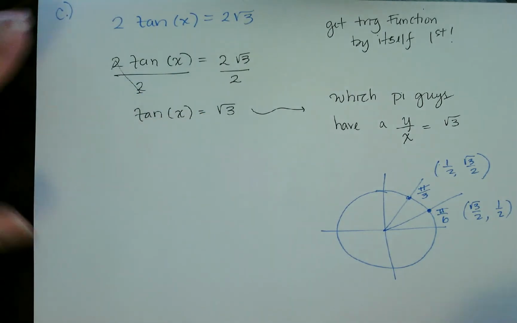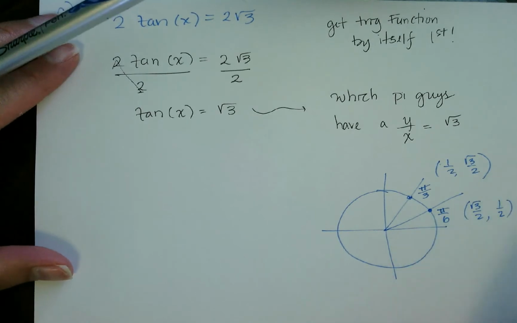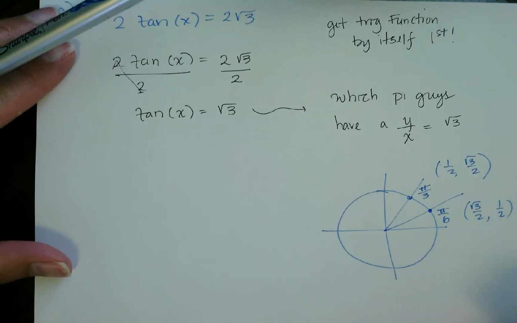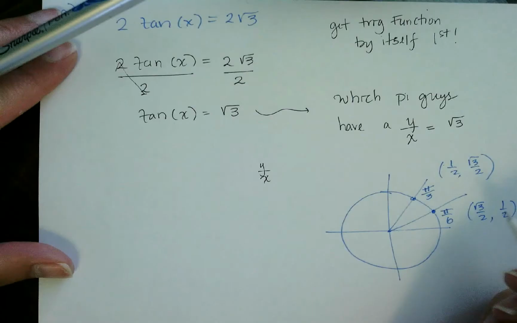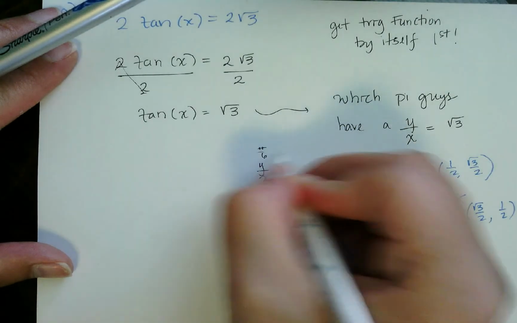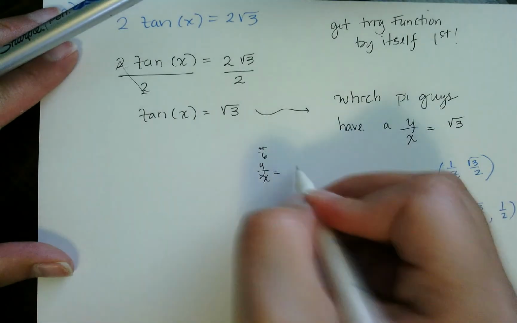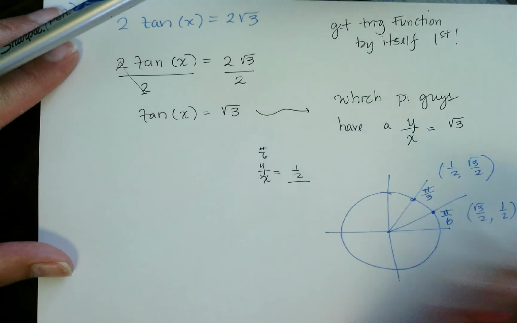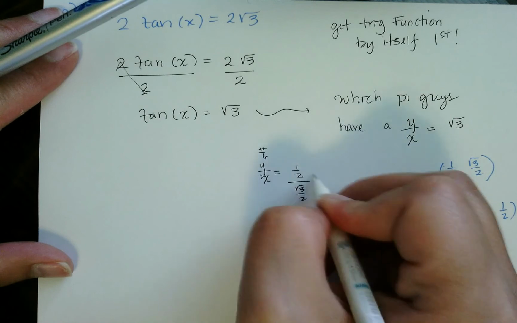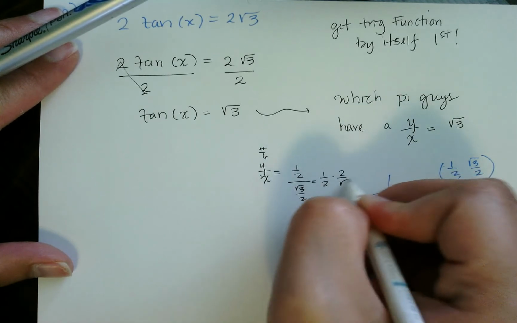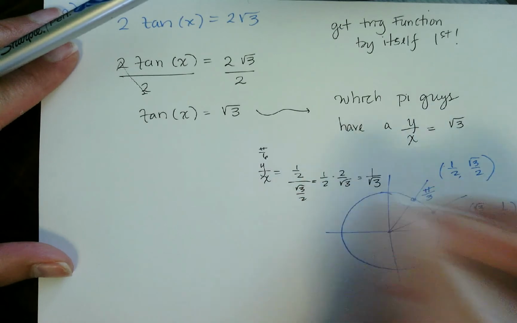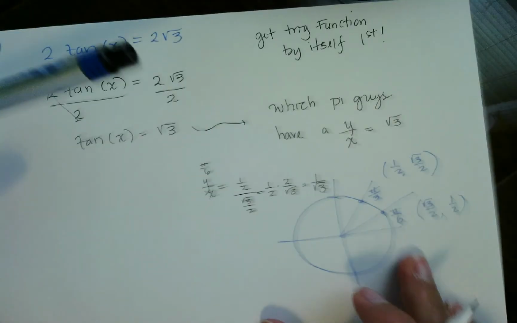So y over x. For the pi over 6 guy, that would equal y over x multiplied by the flip. That gives you 1 over root 3. It's not that one. We want square root of 3 to be on top. So it's not that guy. So pi over 3, it's got to be this guy.